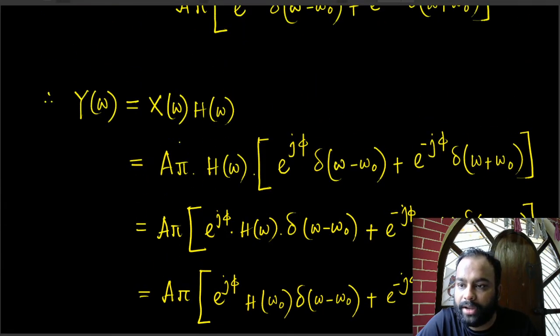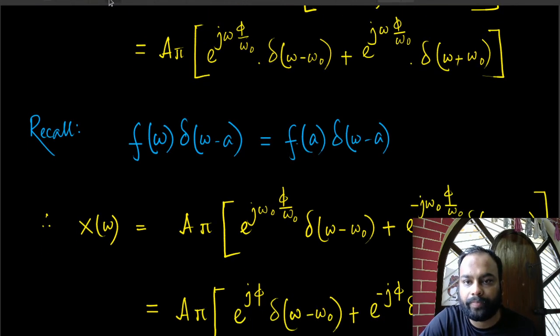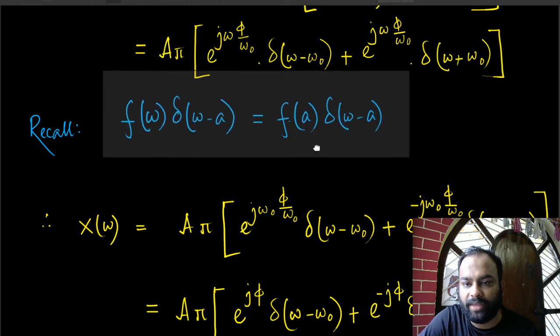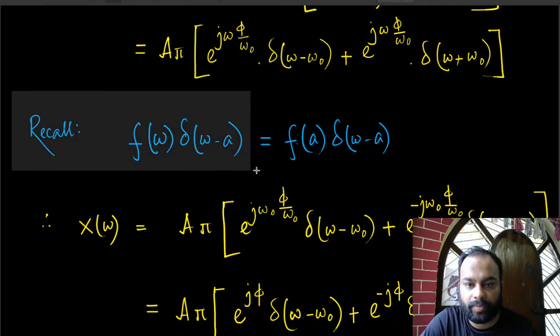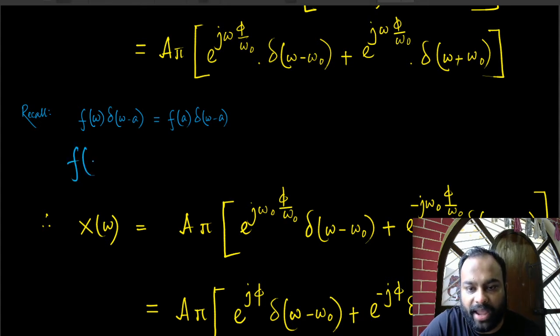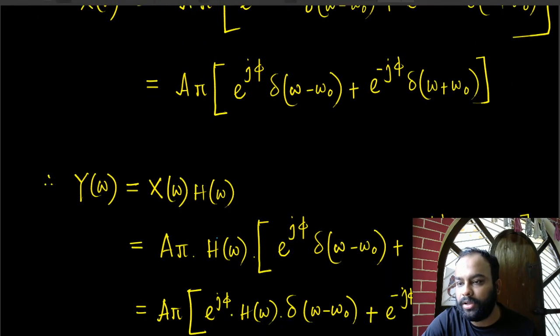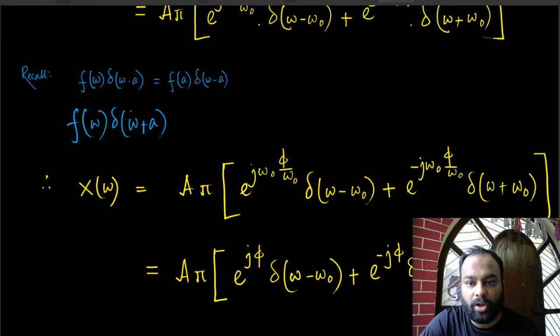Someone is asking, why do I put minus omega? Because of this. If this is minus, then this is fine, right? This is the property. What if in this same property A is a positive quantity? Then what would I have? I would have F omega delta omega plus A, right? So we have situations like that, delta omega plus A. So what is plus A?